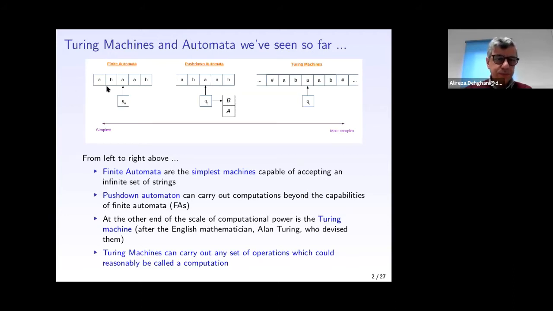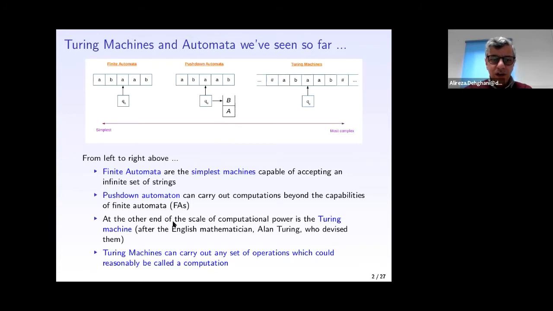So that's the meaning of more powerful. It's not about the memory, etc. Of course, memory such as a stack is a means to make a machine more powerful, but powerful by itself means having the capability of working on different languages.